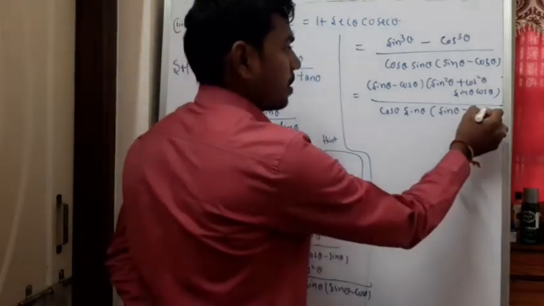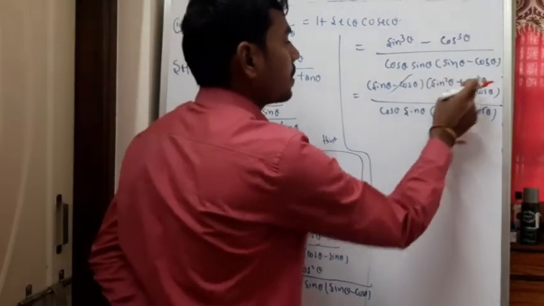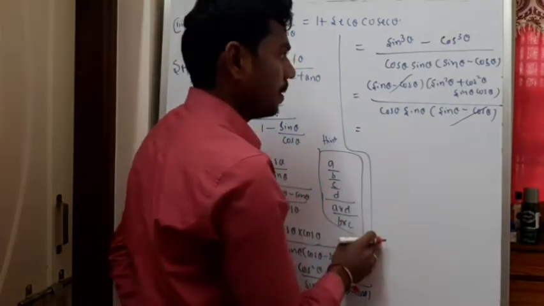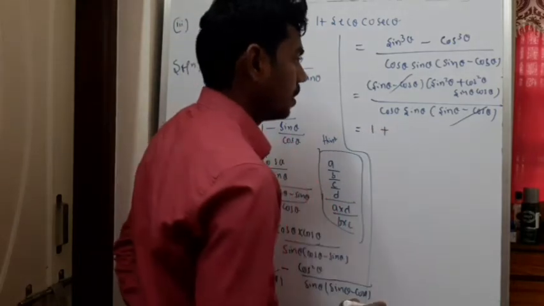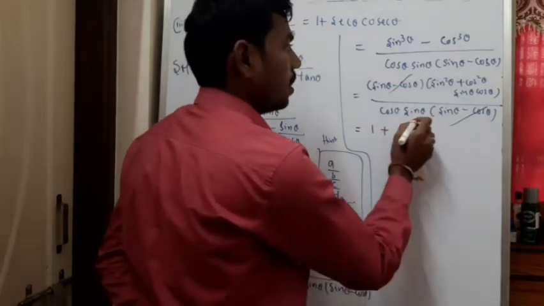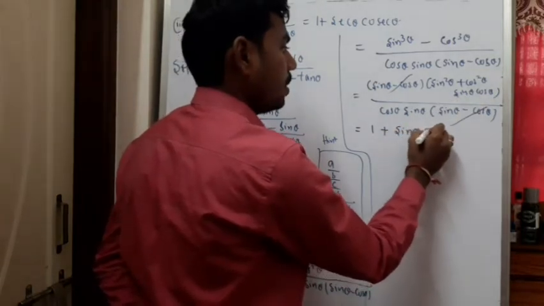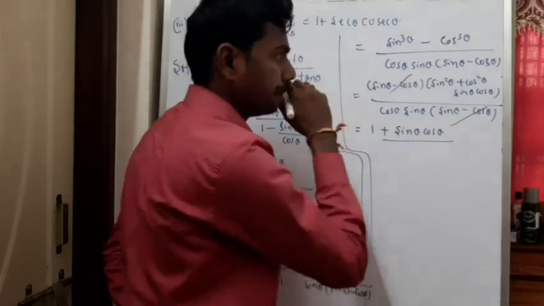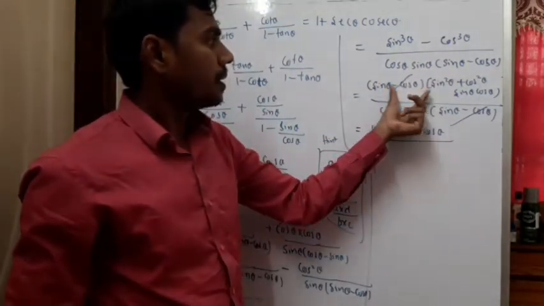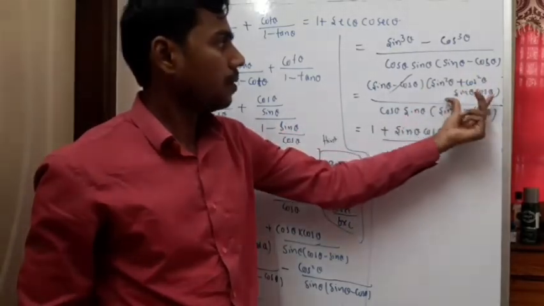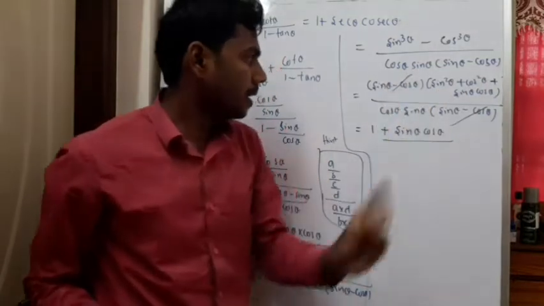Sin theta minus cos theta, sin theta minus cos theta will get cancelled. Now sin square theta plus cos square theta is nothing but 1. 1 plus sin theta into cos theta divided by what we have it, sin square theta plus cos square theta, this is plus sin theta into cos theta, right?